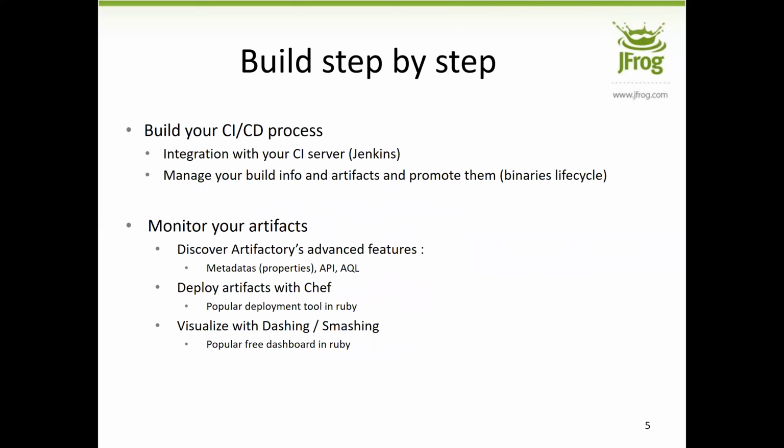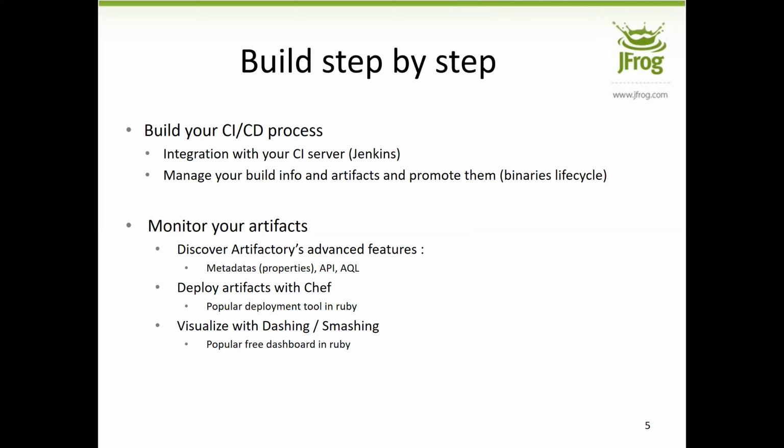In this webinar, I will divide my demo into two parts. The first part, I will show you how to build your CI/CD process with Artifactory. So how you can easily integrate Artifactory and Jenkins, your CI server, and how you can manage your binaries lifecycle using promotion.